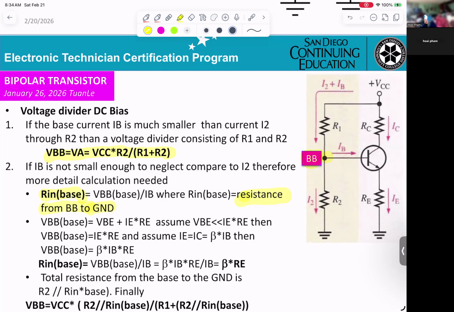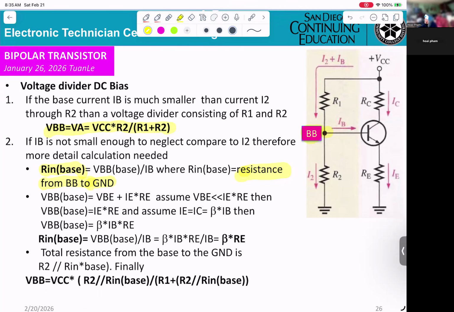Assume IE equals IC, beta times IB. Then VB equals beta times IB and RE. Okay, R in base equals VB divided by IB. The total resistance from the base to ground is R2 parallel R in base.